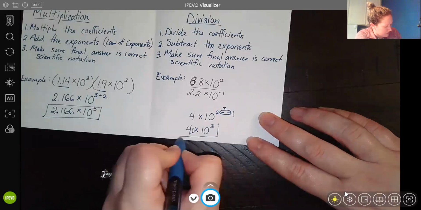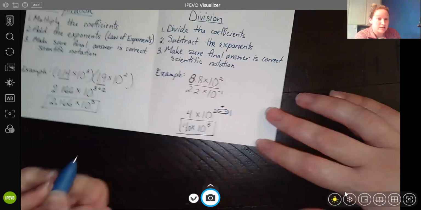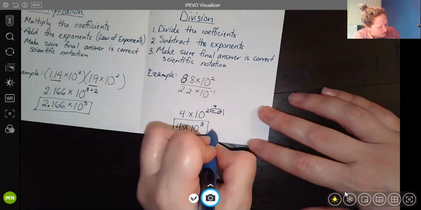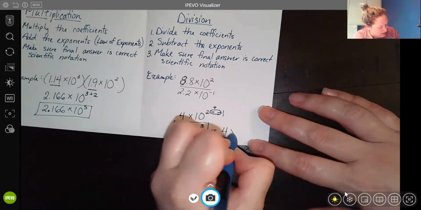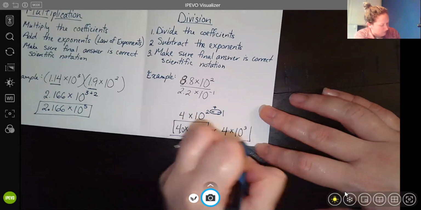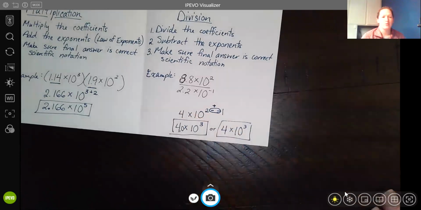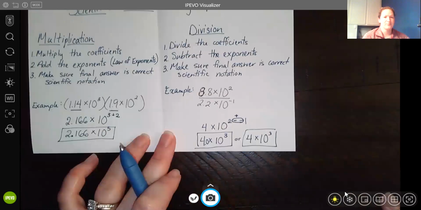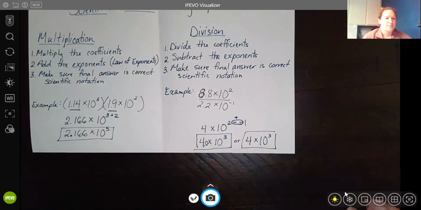You might write this as 4.0 times 10 to the third, or you might just write it as 4 times 10 to the third. Either way would be acceptable. I'll give you a minute to look at that again. That's multiplication and division for numbers in scientific notation.